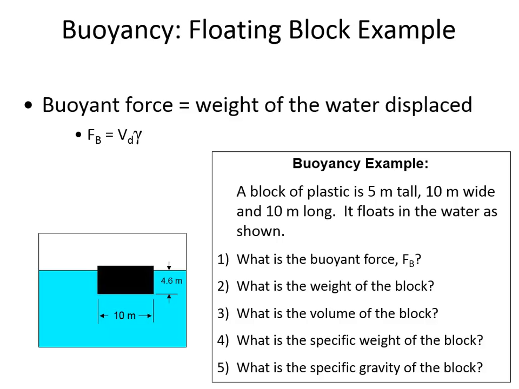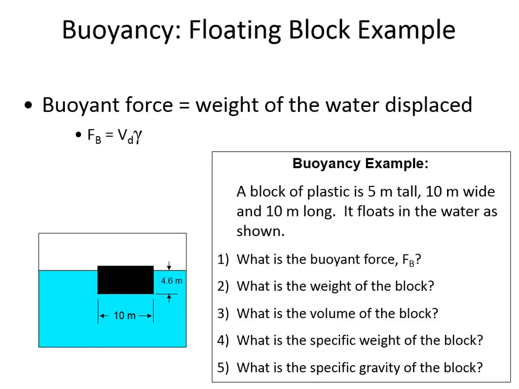Now, you could calculate the buoyant force as the pressure at the bottom multiplied by the area of the bottom, or you can calculate it as the weight of the volume of water displaced. The weight of the block and the rest of the questions you have to sort of deduce or figure out on your own.